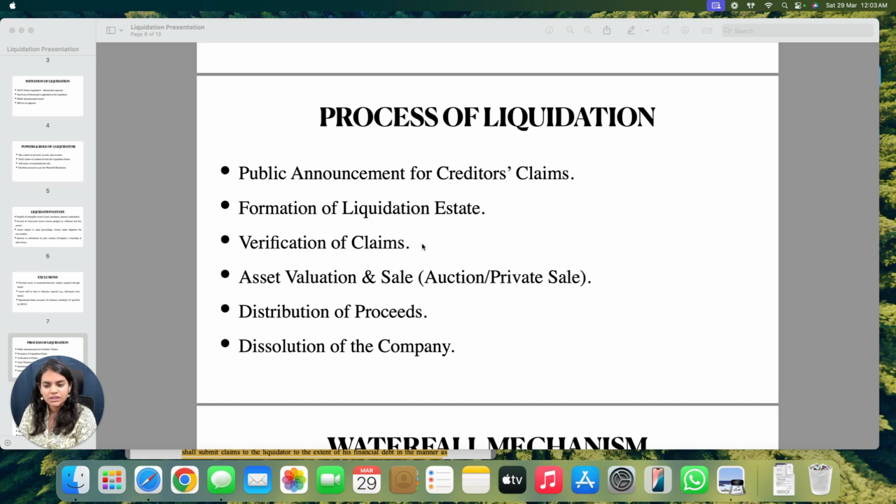When the liquidator submits a stakeholder consultation committee constitution report to the adjudicating authority, once the stakeholder committee is constituted, they will take charge of the liquidation proceedings and appoint such insolvency professionals as the liquidator. So effectively, the stakeholder committee will play the role that a committee of creditors has played in the CIRP process.